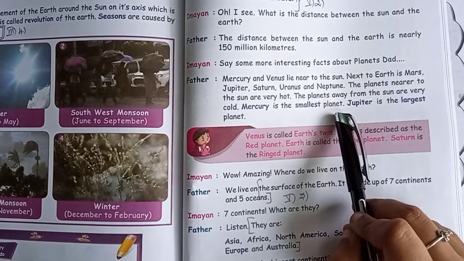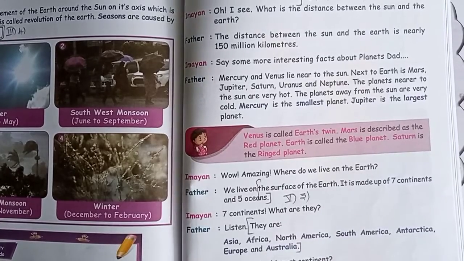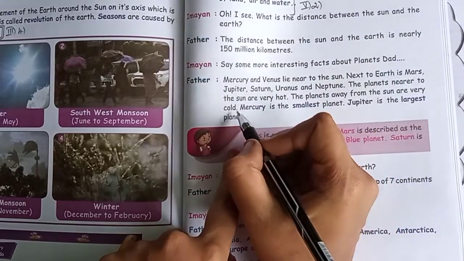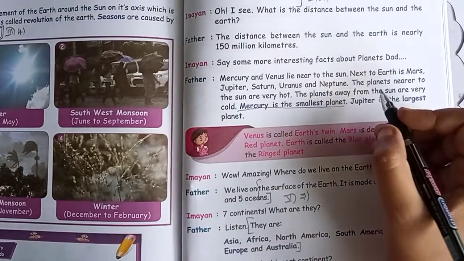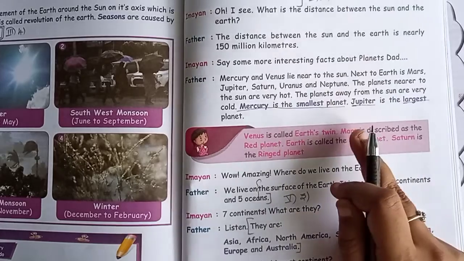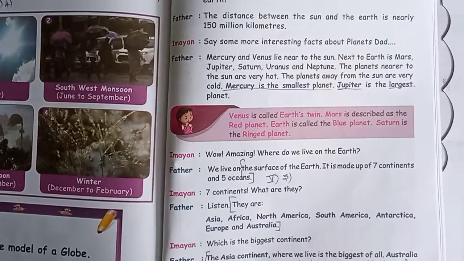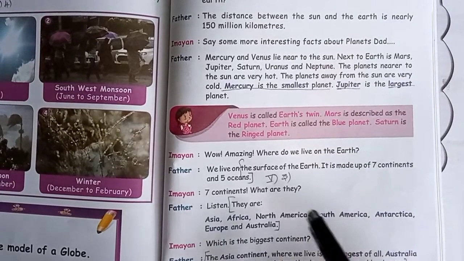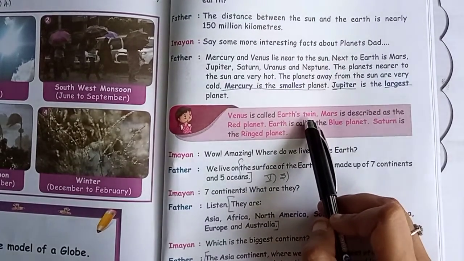Mercury is the smallest planet. Jupiter is the largest planet. Do you know Venus is called Earth's twin?